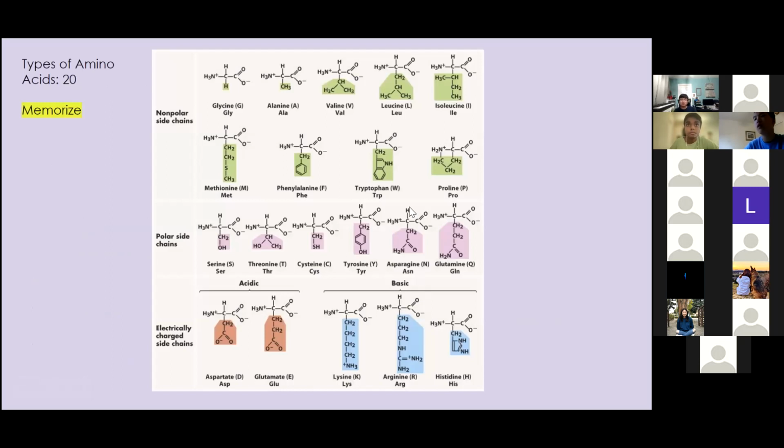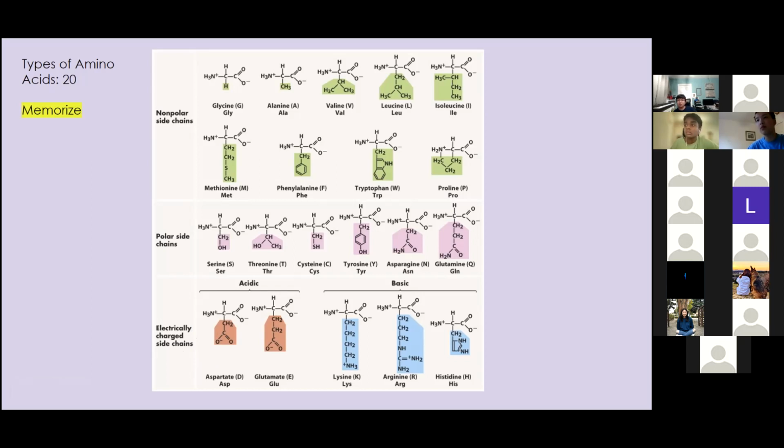So there are 20 types of amino acids, and it's really important to memorize all of these and their chemical structures and whether or not they have non-polar side chains or polar side chains, and if they have electrically charged side chains, because I know that in past USABO questions, they focused on these amino acid related questions.